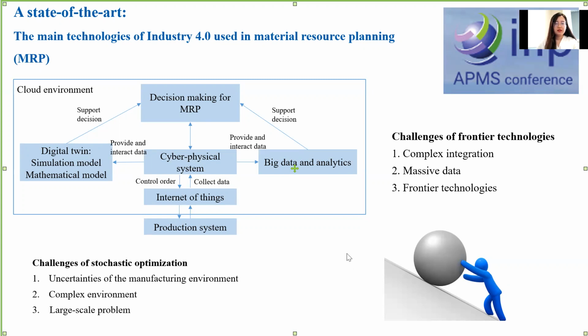Also, about the challenges of stochastic optimization, where we will focus on MRP systems, we also found three main challenges. The first one is the uncertainties of the manufacturing environment. For MRP, we must consider several uncertain parameters at the same time in a real factory.